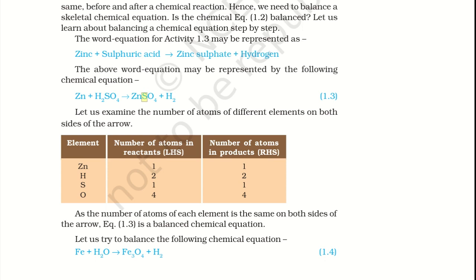Right hand side 1, left hand side also 1 atom. For oxygen, 4 atoms and 4 atoms. That means the whole equation is balanced. If you go through the table, you will find no change between the left hand side and the right hand side for any of the atoms. So this equation of zinc with sulfuric acid is a balanced chemical equation.